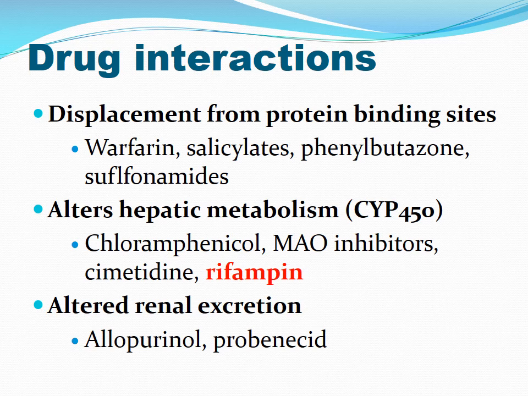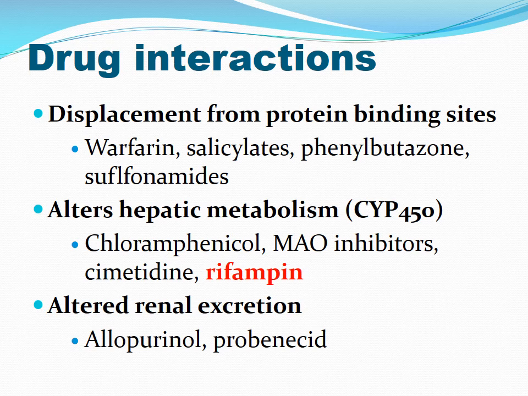Drugs that may be affected include chloramphenicol, MAO inhibitors, cimetidine, and rifampicin. All these drugs will cause inhibition of the activity of hepatic metabolizing enzymes, except rifampicin, which is an enzyme inducer.